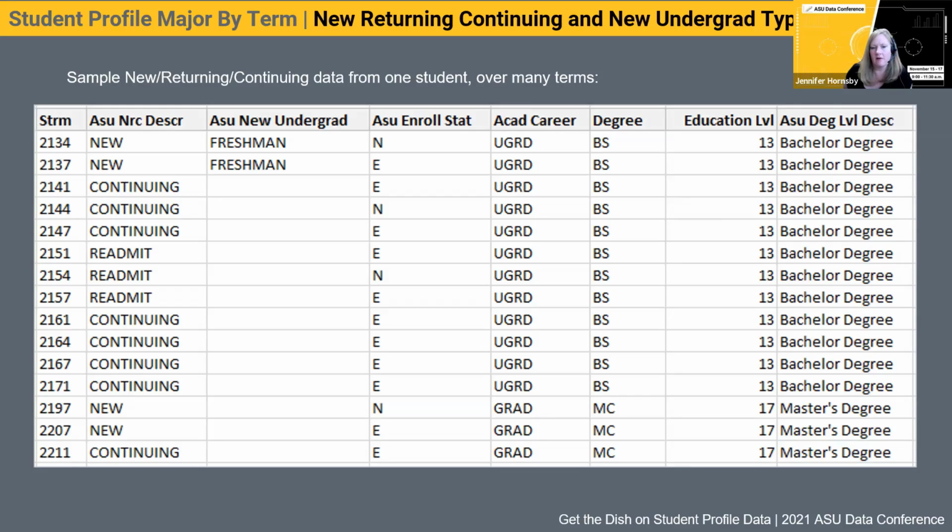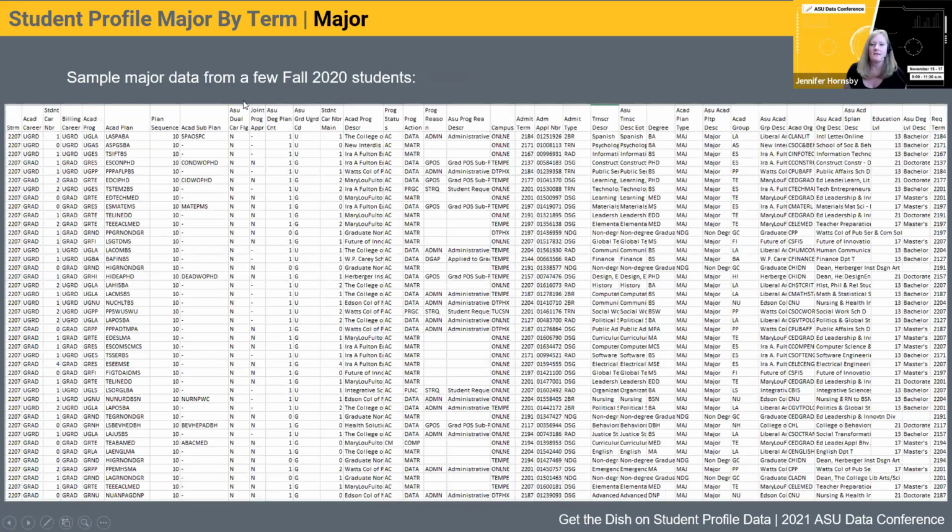And you can see how their record changed over time. They returned in the spring of 2015 after skipping, and then they became a graduate student in 2019. So you can see they were new again, new as a grad student. And this is all of that related data about 25 different students in a single term.